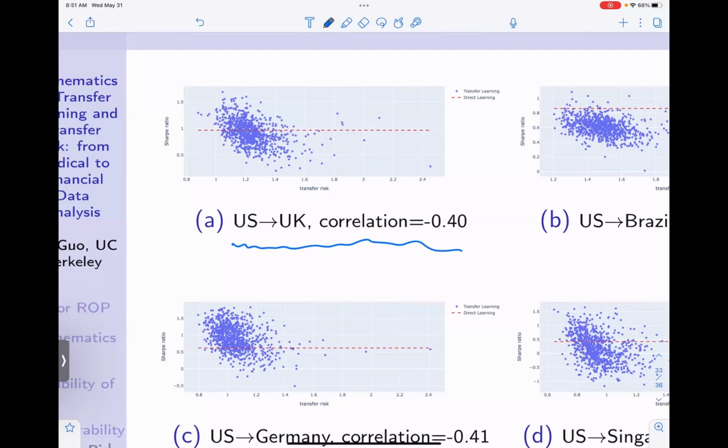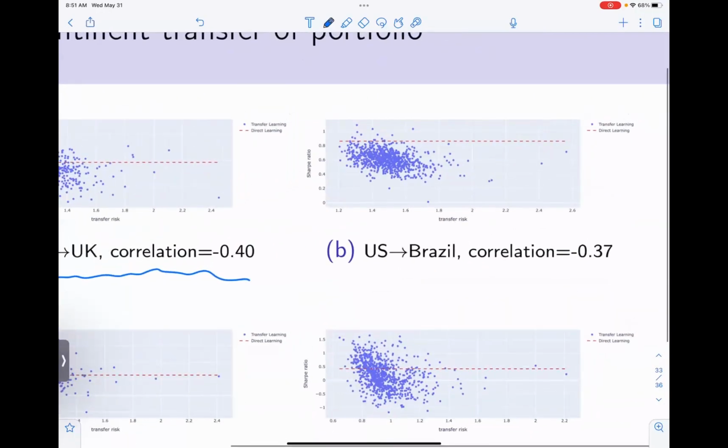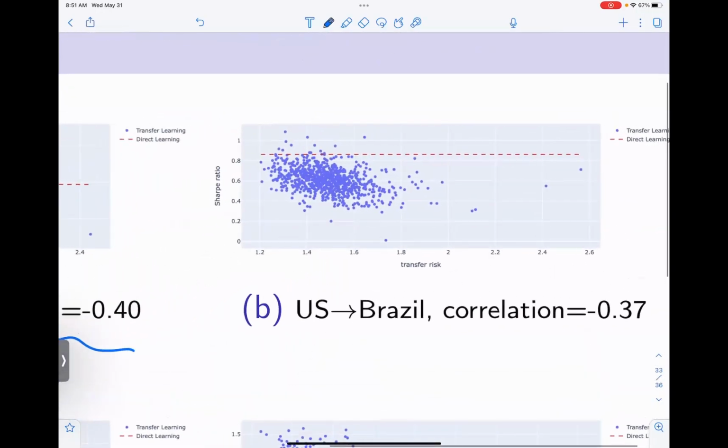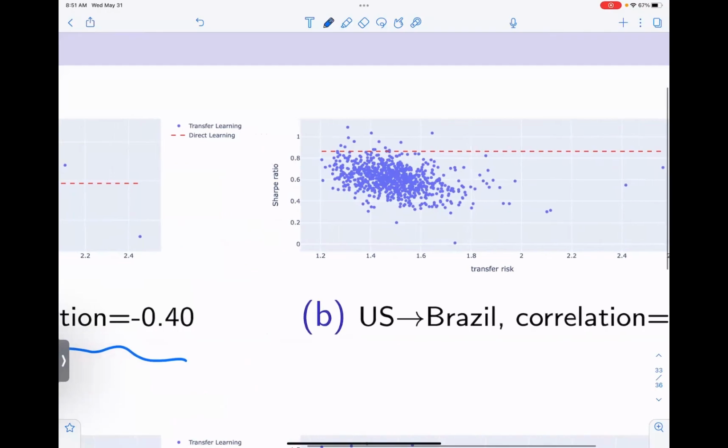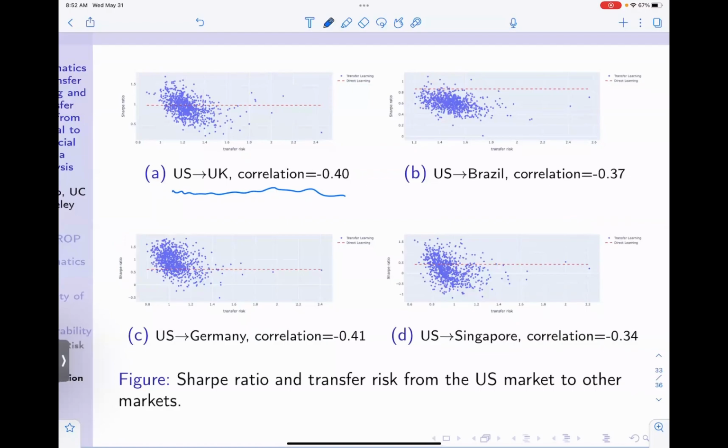And the other transferability is this. So clearly, if you use the transfer risk, the transferability in terms of portfolio management between US and Brazil is very poor. You cannot really see that. But US and Singapore transferability is very similar to US and UK.